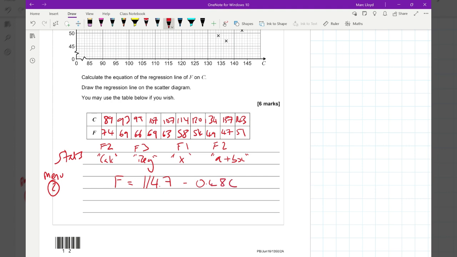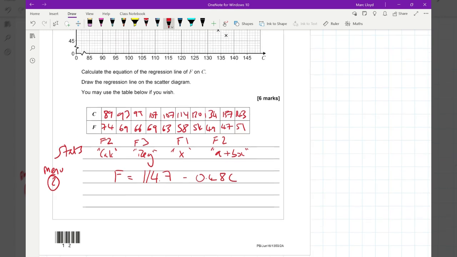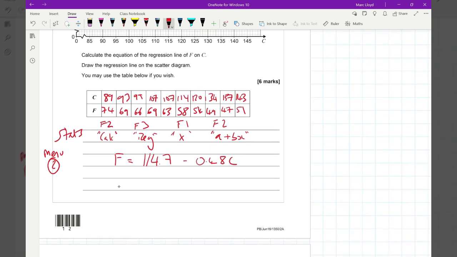Now, when I've put this into the graph, I've drawn the regression line. I've said, if C is 100 and if C is 120, what will F be? That will give me 2 coordinates so I can draw my regression line. The top one, 66.7, and the bottom one, 57.1.